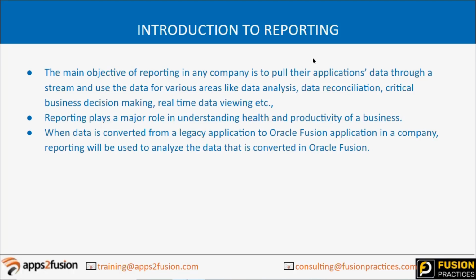In that case, it also helps the technical folks of the team who converted the data. They can reconcile it with the legacy system data and the data that has gone into our Fusion application. So for the conversion team, it is really helpful for reconciling the data.